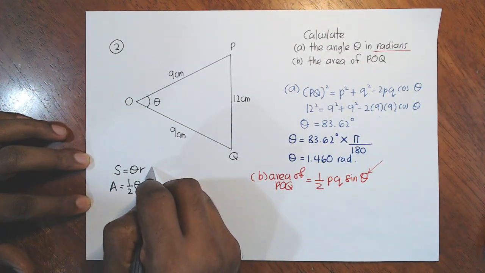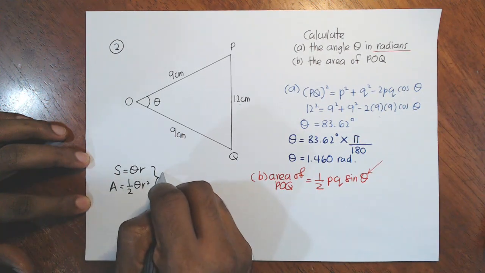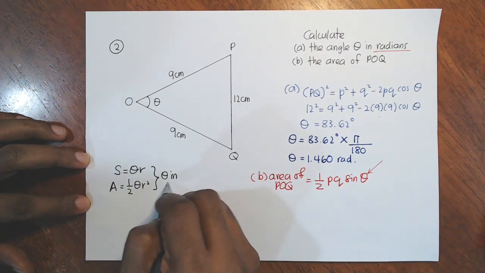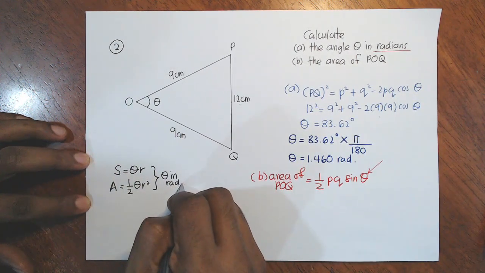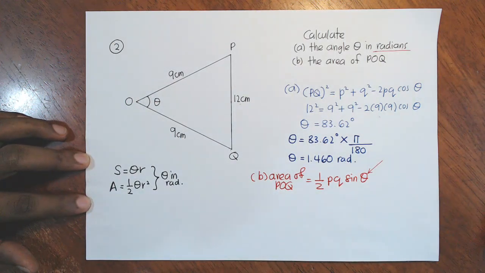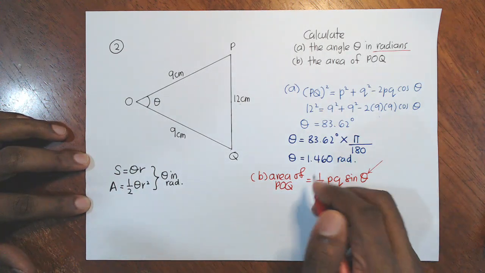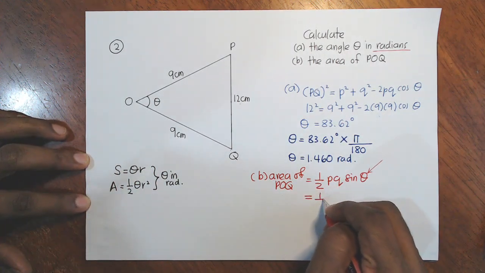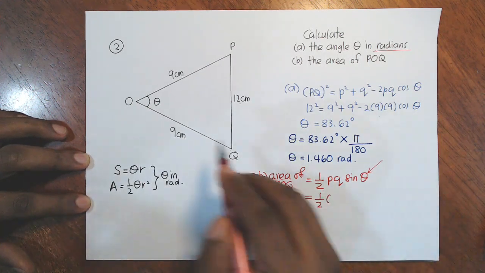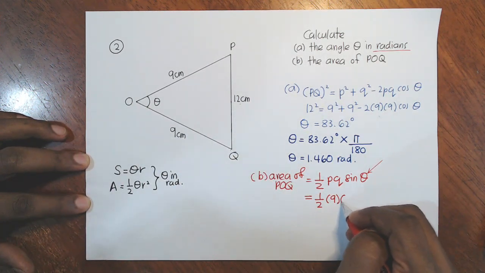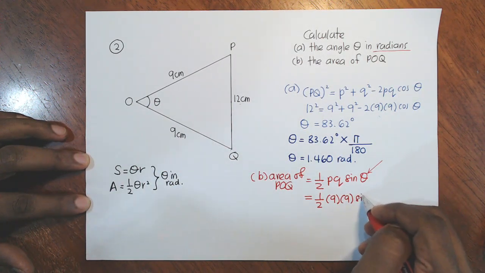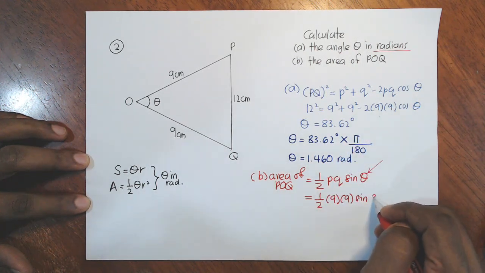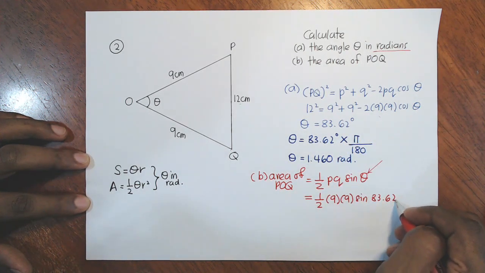Now, these are the only two formulas where theta will be in radians. All the other formulas that you use, theta must be in degrees as usual, right? So here we have to use theta in degrees. So this will be 1 over 2 times P times Q, which is 9 times 9 times sine 83.62.